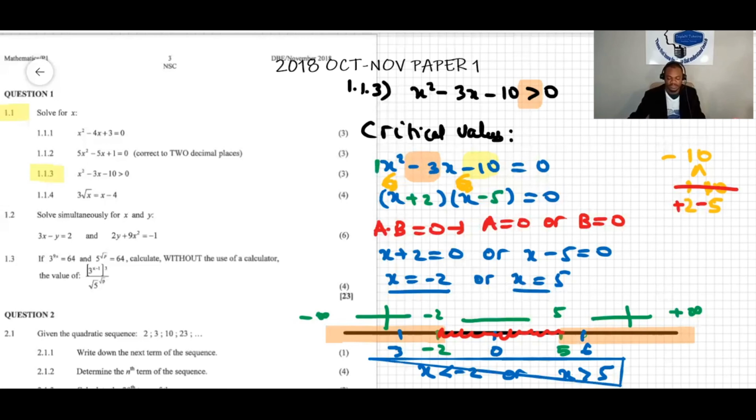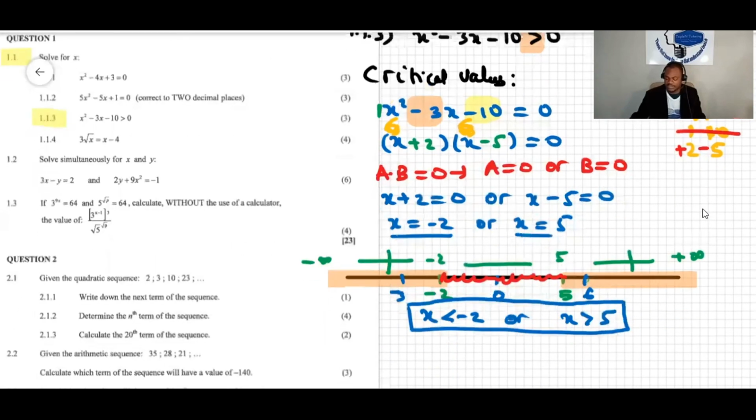Or it can also be written like this, x is an element of the interval negative infinity to negative 2, union 5 to positive infinity. Okay, thank you.